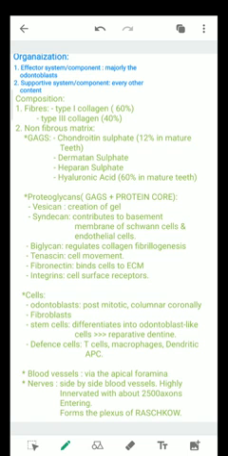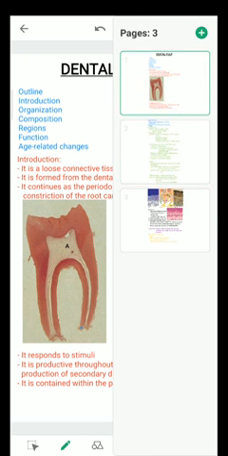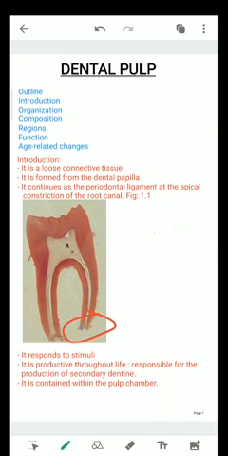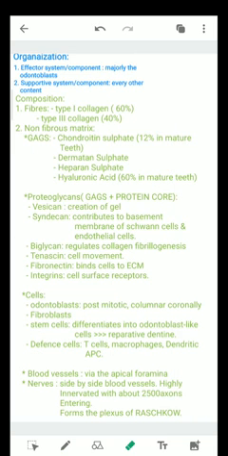Another component of the dental pulp is the blood vessel. We have blood vessels that get into the pulp through the apical foramen. Remember that we have the apical foramen right here, so that's where they enter. We have the nerves that run side by side with the blood vessels, forming the neurovascular bundle.